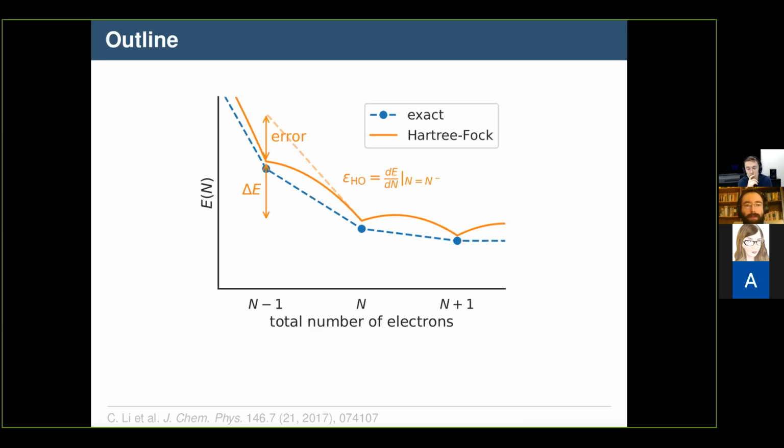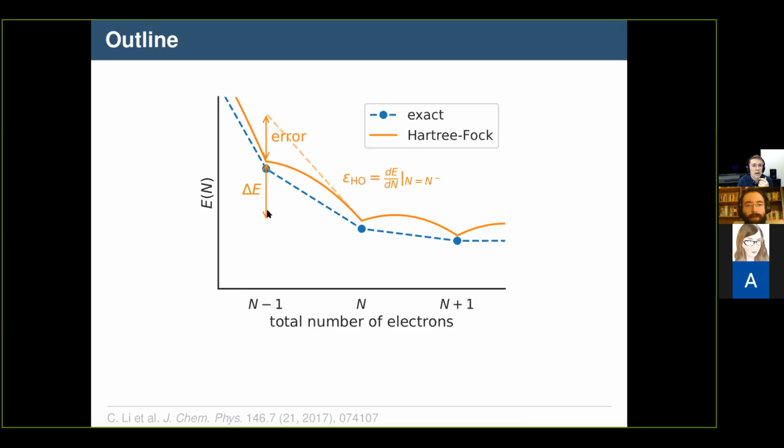But sorry, just to come back to your question, to answer it explicitly: yes, it would be this. You can imagine if I did a calculation of a system and I just removed an electron, you could work out the energy of the n-2 electron system in two ways. One is you could explicitly calculate it by just removing 2 of the electrons and doing a DFT calculation. The other is removing 1 electron, doing a DFT calculation and looking at the HOMO.